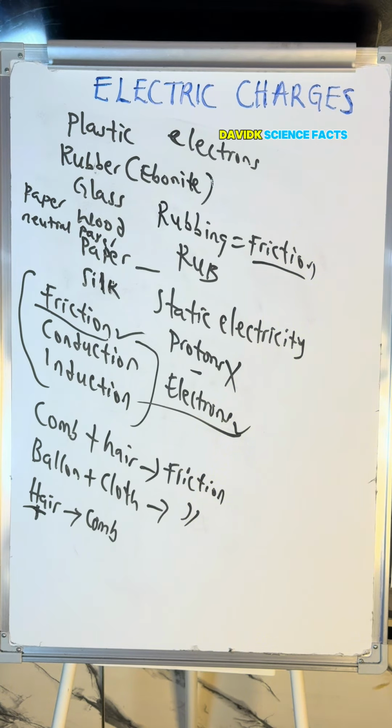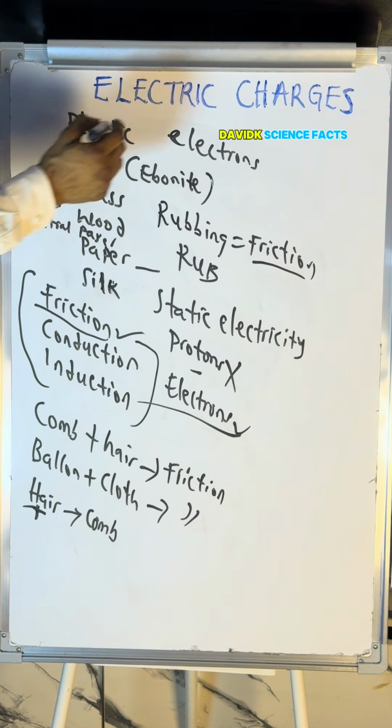Remember, the comb is already charged from the hair. Do you understand? Now, when it is brought near neutral paper, the charges in the paper rearrange a little. Opposite charges move closer. Attraction becomes stronger than repulsion.